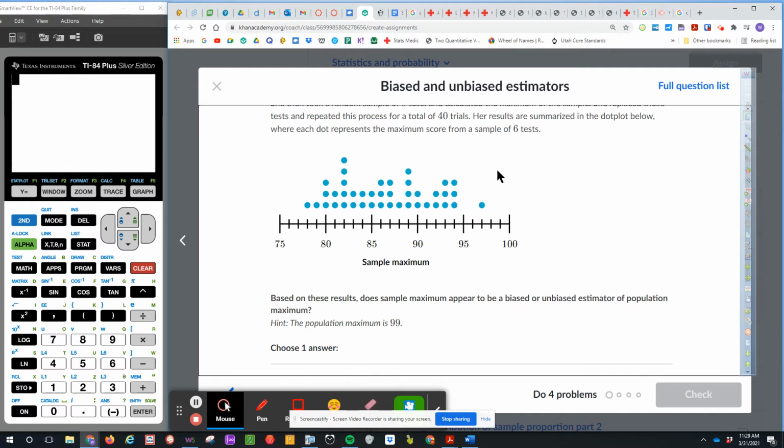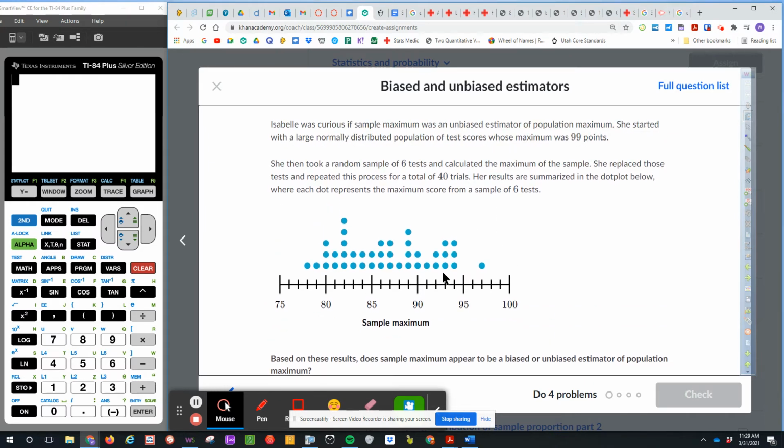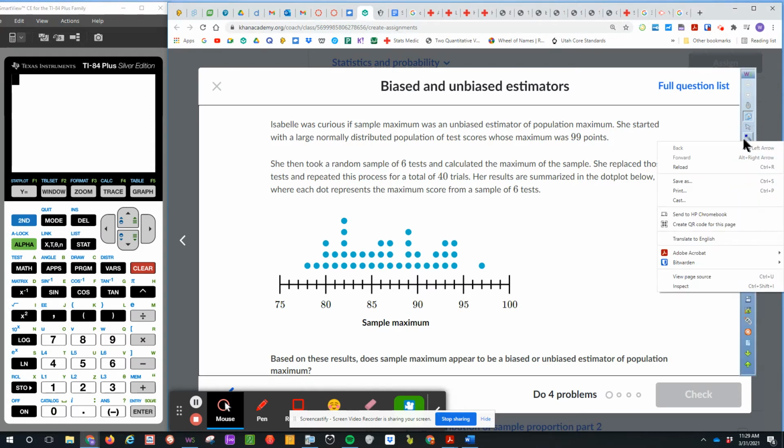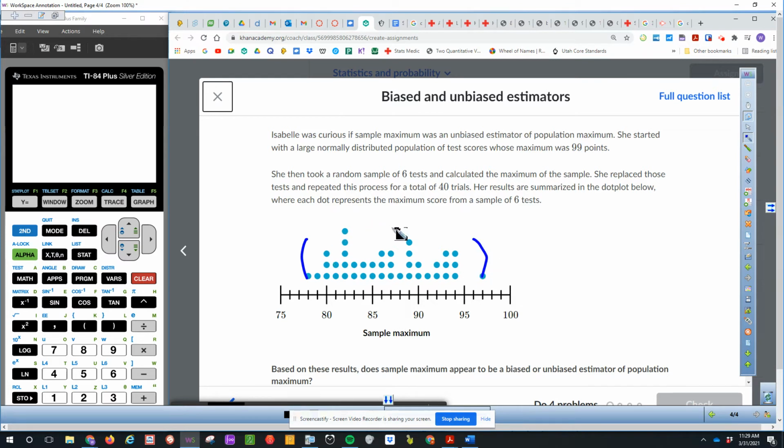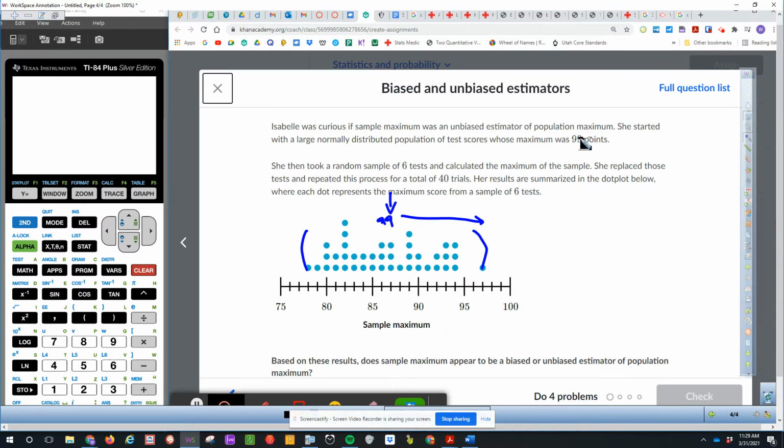Now, if it were unbiased, all of this should move so that the mean in the middle should be 99. That's what unbiased means: the mean of the distribution should be close to the actual population parameter.